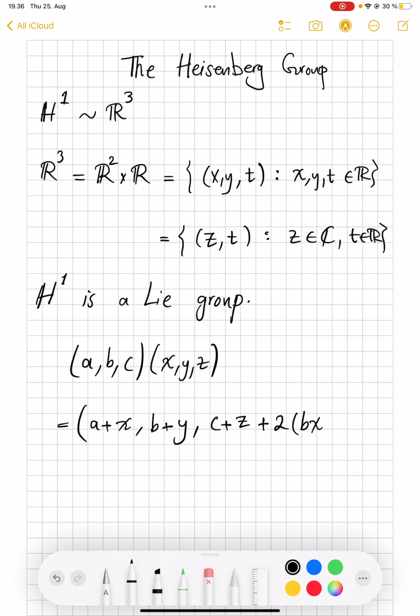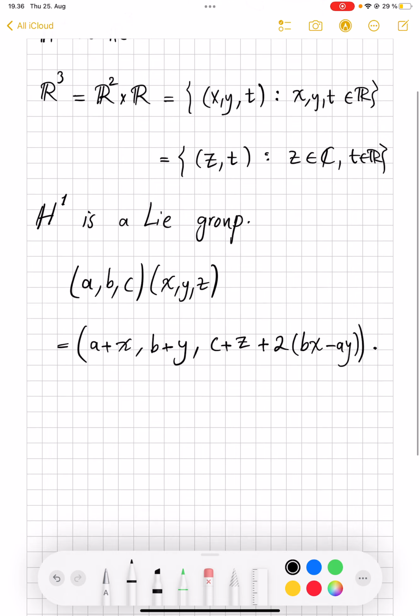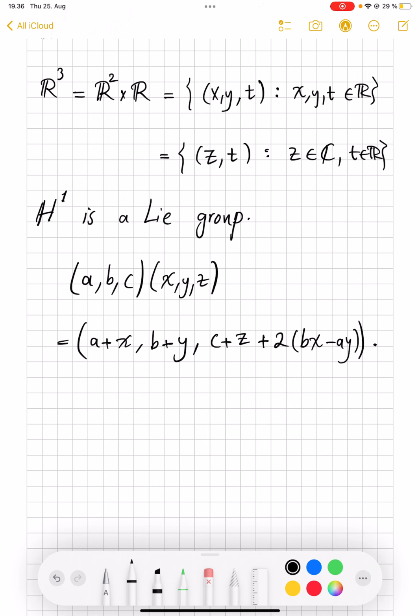So this will be bx minus ay. Also, there's some variation. Some people have 1/2 instead of 2 here, and some people also have only bx, for example, or variants of this. But this is the one. They are ultimately equivalent, but this group operation we want to take.